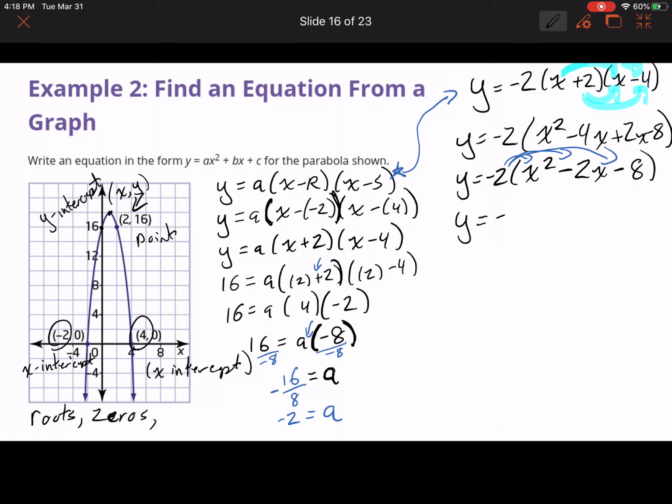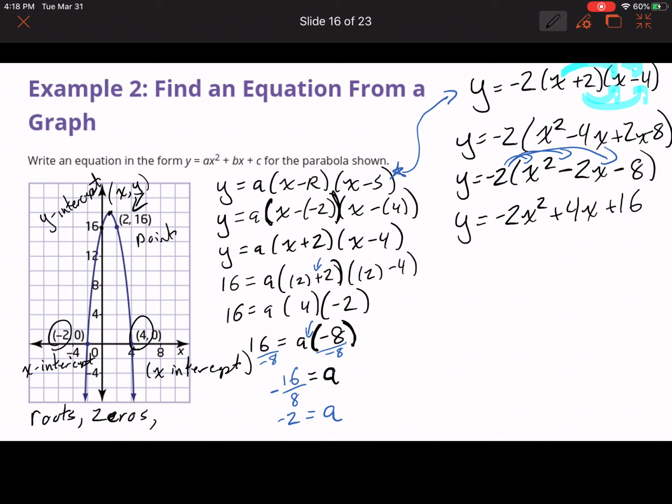So -2 times x squared, -2x squared. -2 times -2x, positive 4x. Multiplication, negative times a negative is a positive. -2 times -8, positive 16.